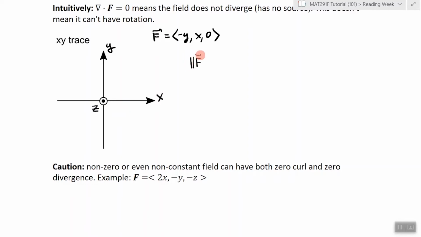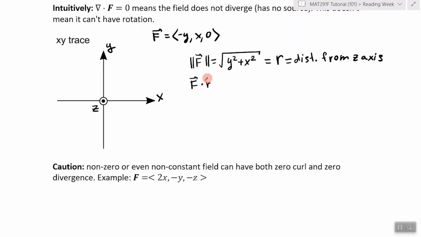I get the magnitude of the vector field. I see that it's equal to the square root of y squared plus x squared. So this is equal to the distance from the z-axis, or you could say r, distance from the z-axis. Here r is the cylindrical coordinate variable. I also look at the dot product between the vector field f and our hat vector.